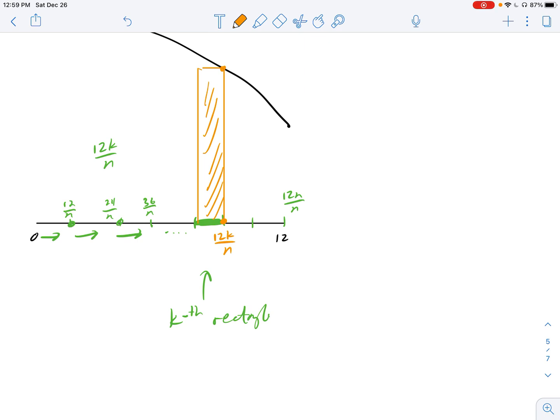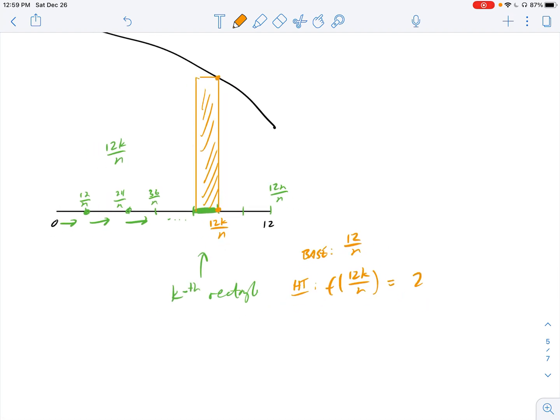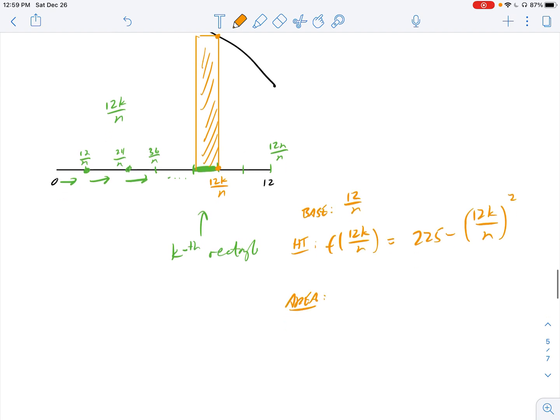For my kth rectangle, the base, like all of these, is 12 over n units wide. And my height would be f of 12k over n, which is 225 minus (12k over n) squared. So my area for the kth rectangle would be 225 minus (12k over n) squared, times 12 over n.